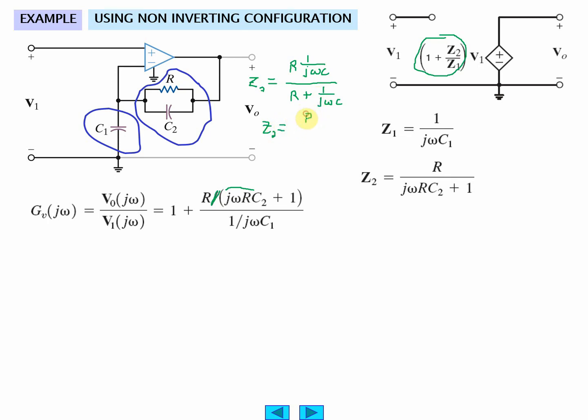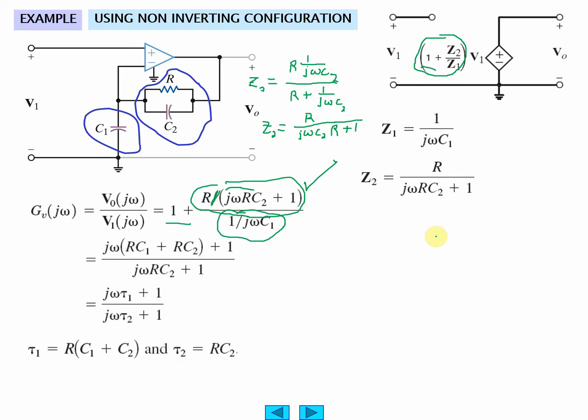You have R divided by j omega C2 R plus 1, which is the denominator. So that's Z2 in the numerator, Z1, and then the 1 plus. Okay, so we get that going, do some simplification, and we got this.